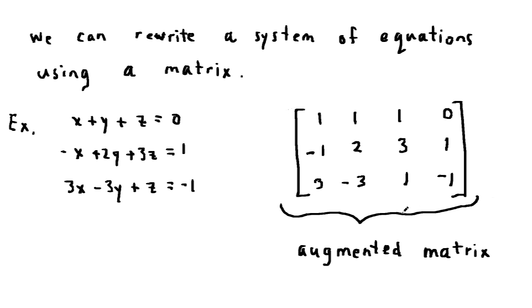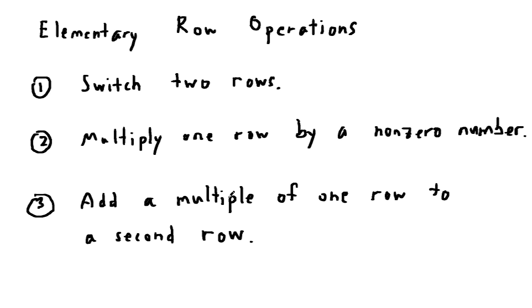The operations are called elementary row operations. The first thing you can do is switch two rows. The second thing you can do is multiply one row by a non-zero number. And finally, the third thing that you can do is add a multiple of one row to a second row. This is exactly the same three steps that you saw earlier in Gaussian elimination.